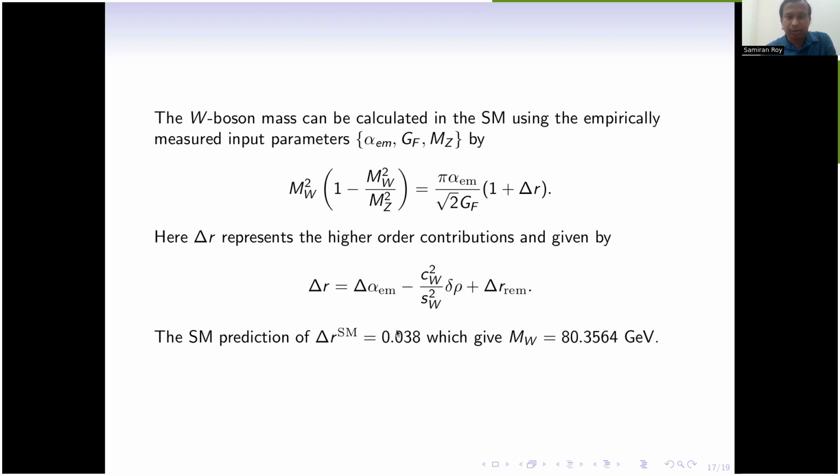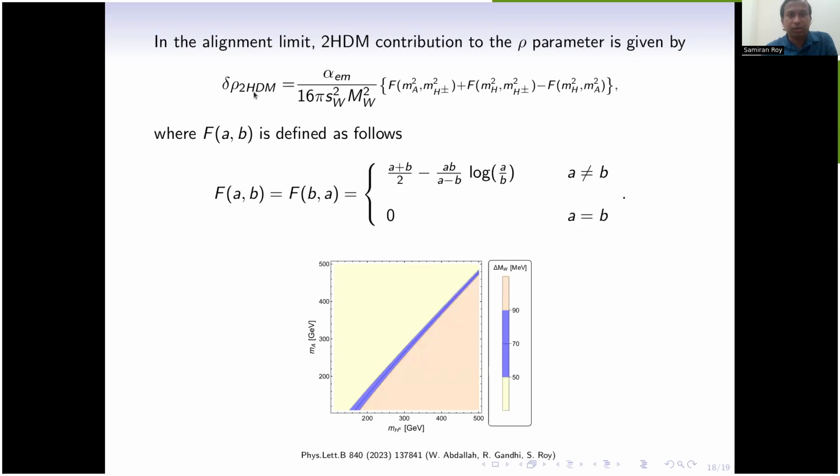So delta SM is like 0.038. When we put in these values, we get the MW mass to be 80.3564. But here we use the H plus-minus to vary this rho parameter. So we can calculate the rho parameter in our models, and we can see that if we vary the masses of M_A and M_H prime, we can actually accommodate the CDF II W-mass measurement.